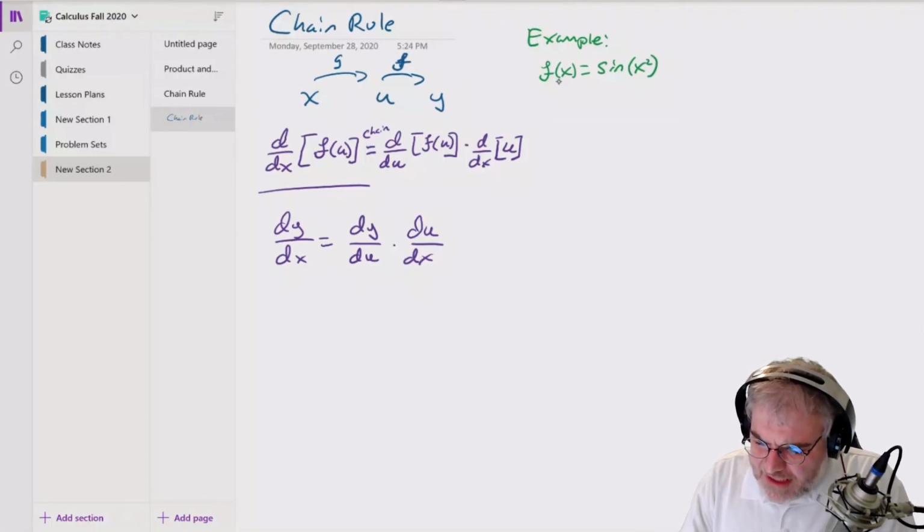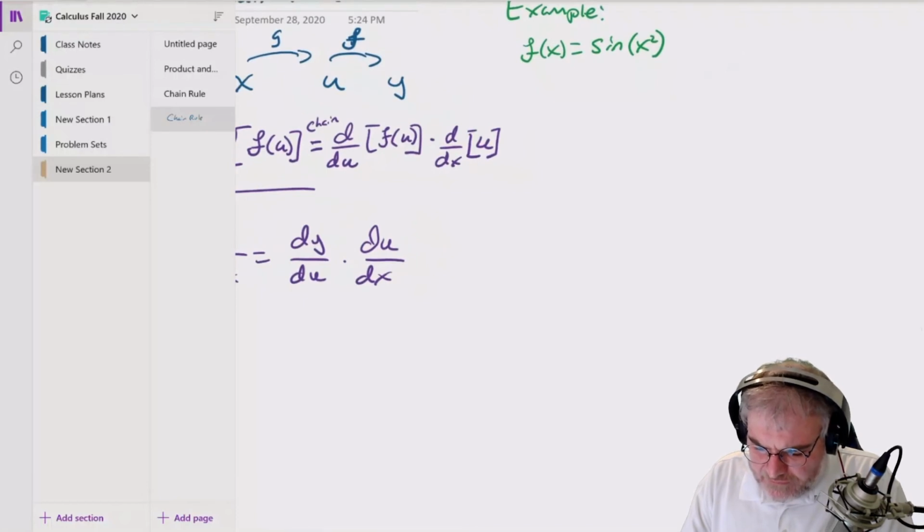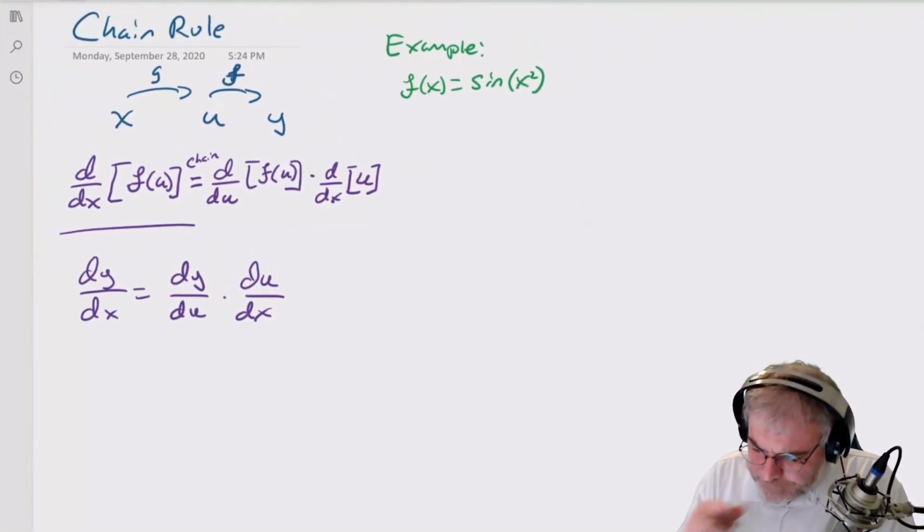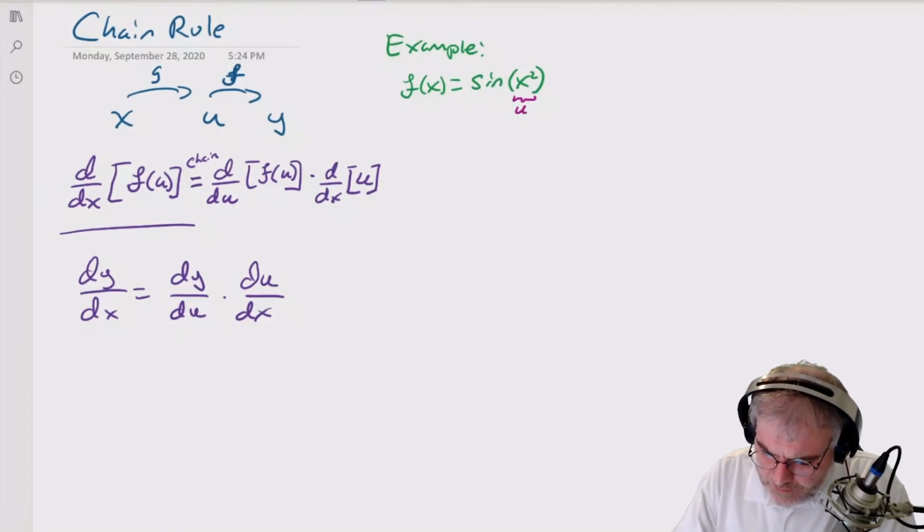So my example is f of sine of x squared. What I'm going to do is make this the u. All right, so here's what I'm going to do. I'm going to do d over dx of sine x squared.